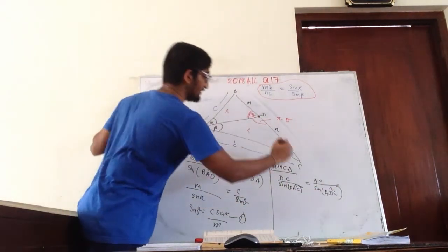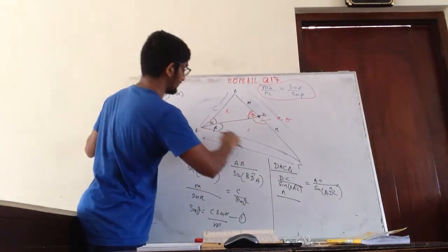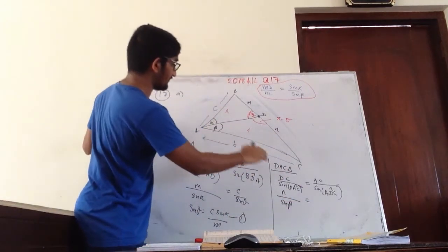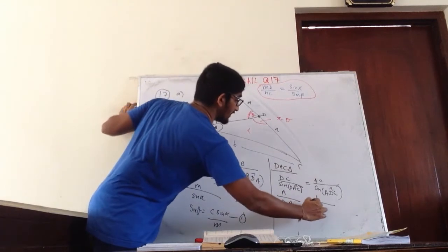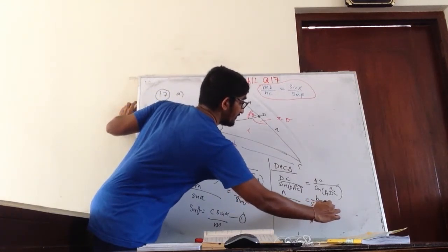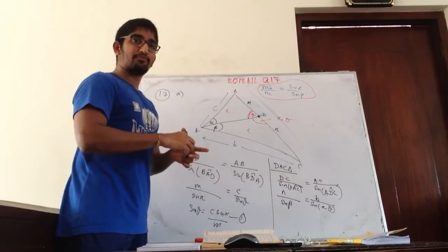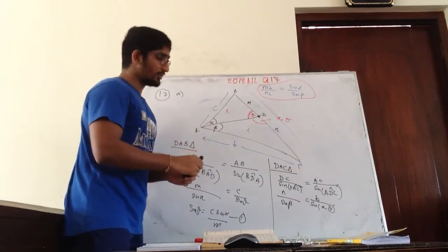So DC will be N, DAC will be sine beta, and AC will be B. Sine DAC will be sine phi minus theta. As you all know, sine phi minus theta is going to be sine theta, right?